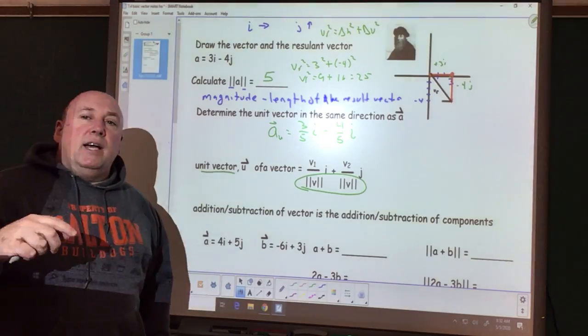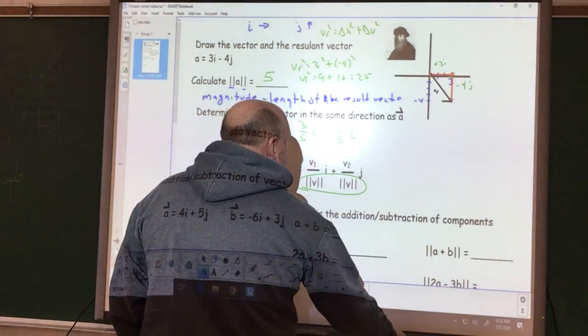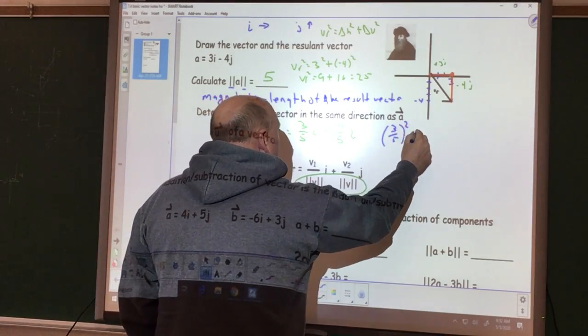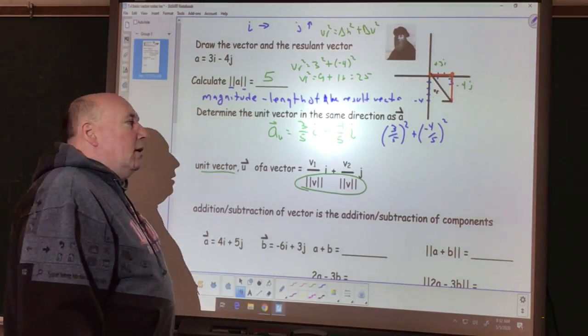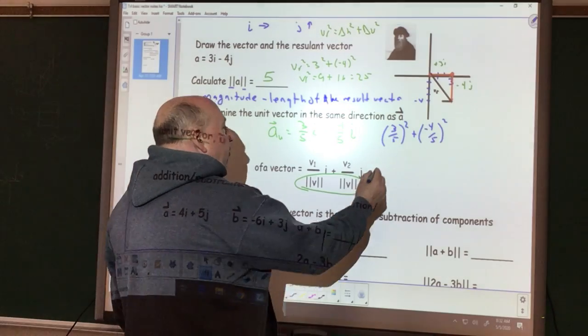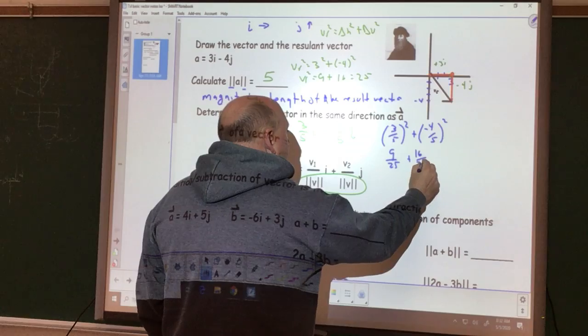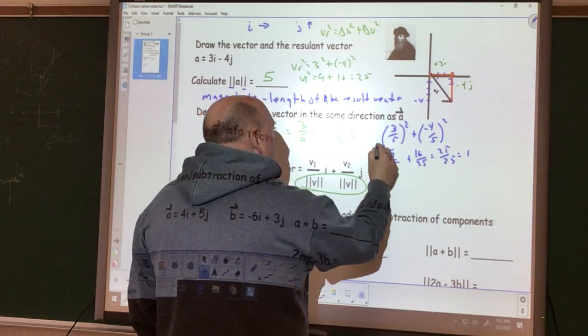Now, a unit vector has a length of 1. If we prove this, we have 3/5 squared plus negative 4/5 squared. So we have 9 over 25 plus 16 over 25. We have 25 over 25, which is a value of 1.